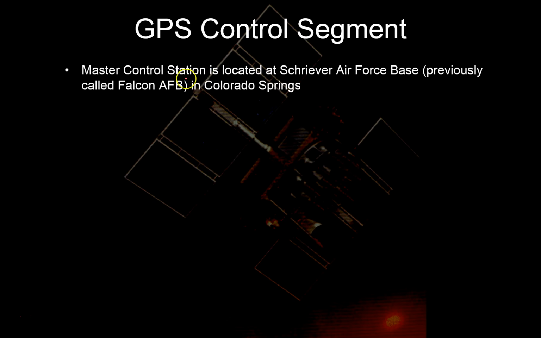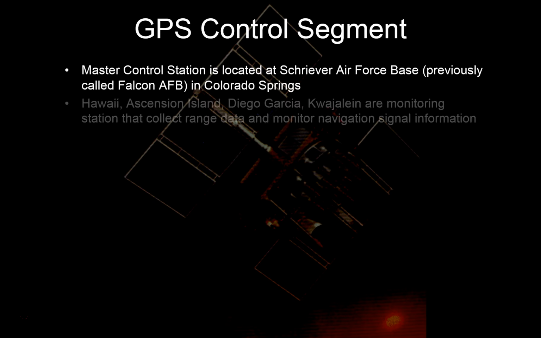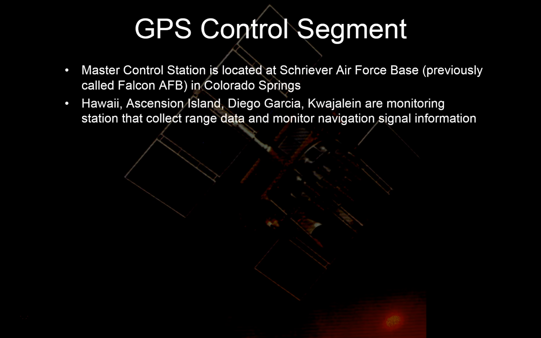There is a master control station located at Shriver Air Force Base, previously known as Falcon Air Force Base, in Colorado Springs. In the original design, Hawaii, Ascension Island, Diego Garcia, and Kwajalein were monitoring stations, with slightly more sophisticated GPS receivers tracking the information being sent out from each and every satellite.